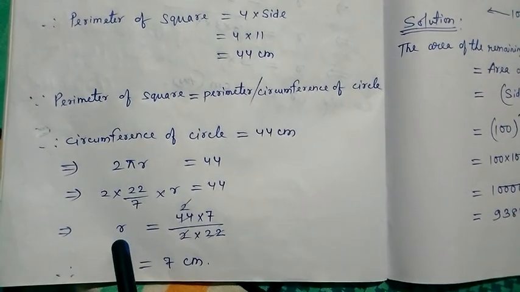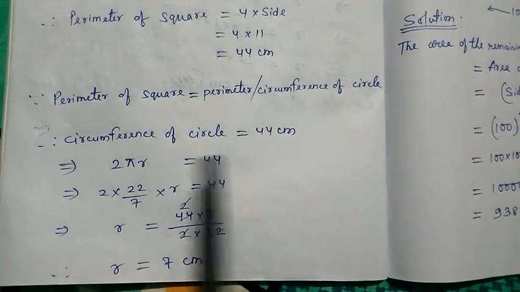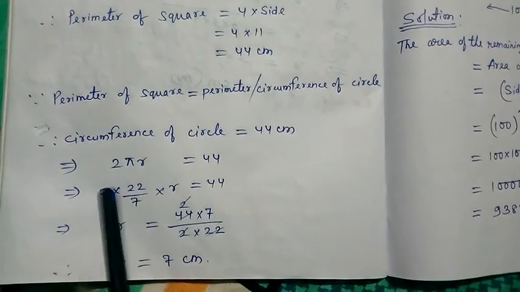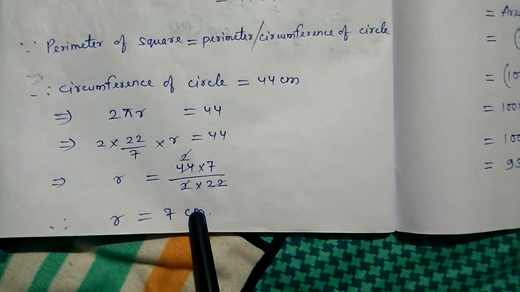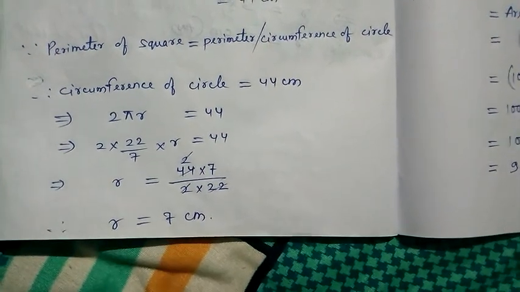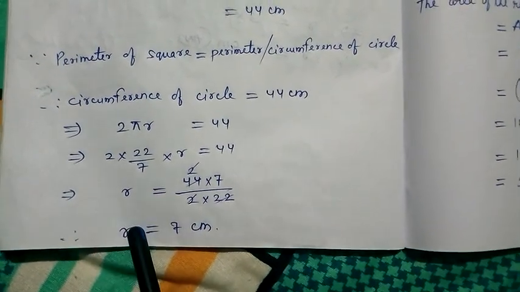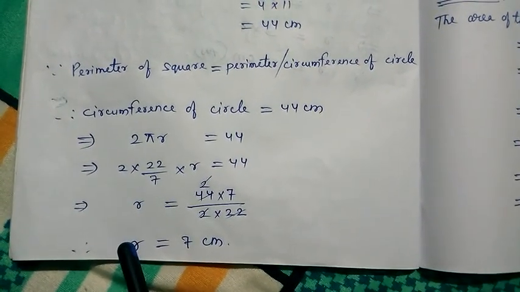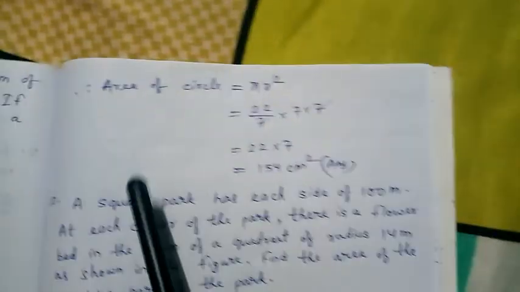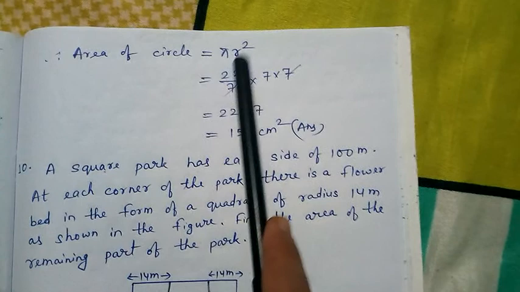If I make r alone, then 7 will go that side, it will go up, 22 and 2 will come down. So after cancellation, we can see here r equal to 7. So now, as we have come to know the radius of circle, area of circle can be known. So area of circle is pi r square.